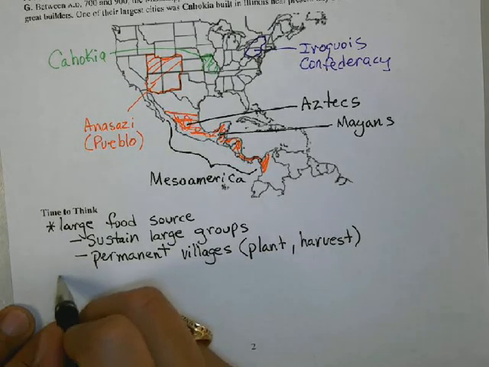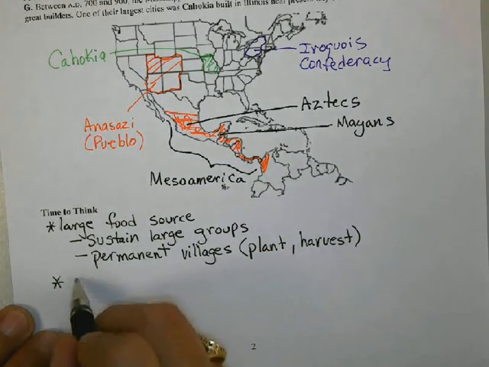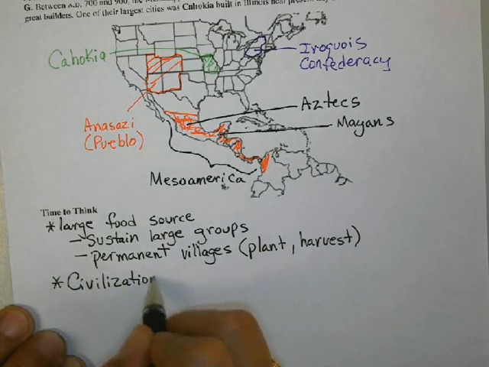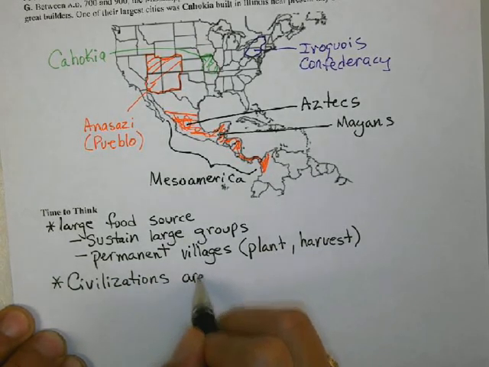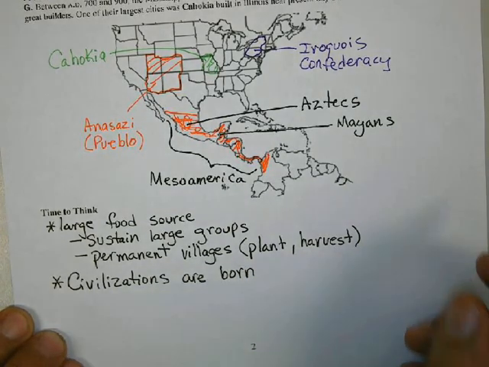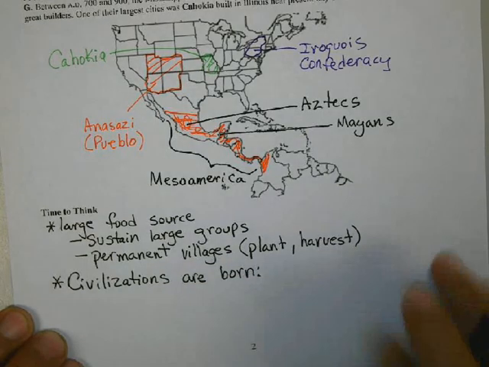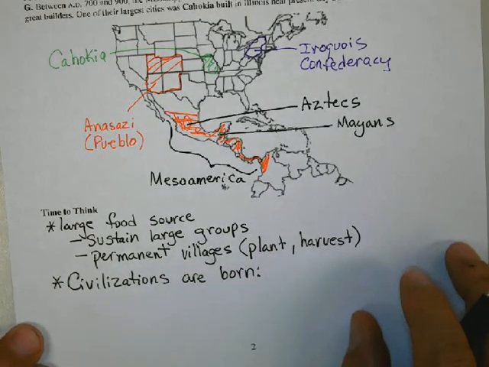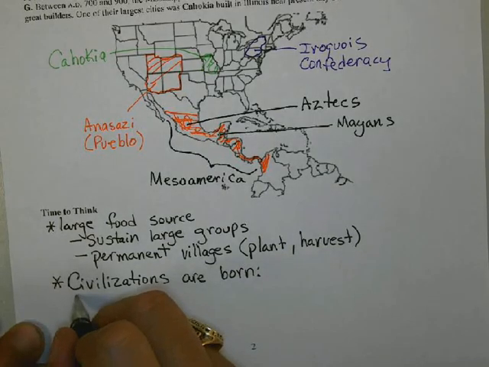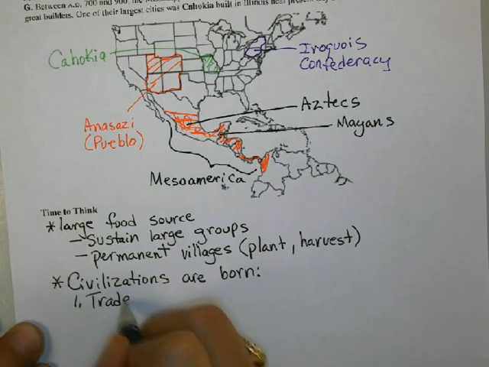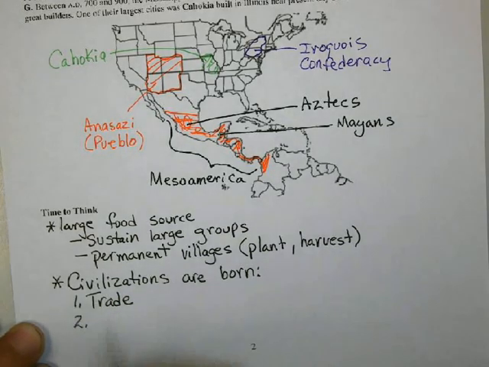Something else that is important, civilizations are born. And what we mean by that is, according to scientists, in order to be called a civilization, 5 things need to be present. Number 1, you need to know or do something with trade. Number 2, you have to set up a government.